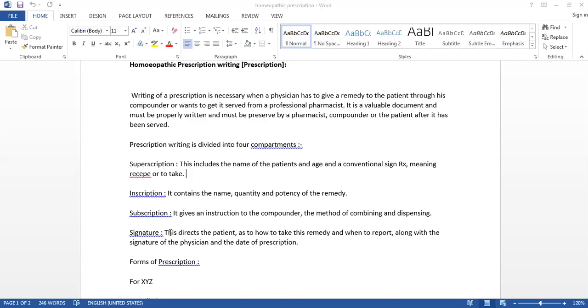You can write it in English, or you can write BD, that is 2 times a day. You can write 2 times a day in English, or you can write the abbreviation, or the Latin meaning of that: QID, BD, TID. So anything you can write.